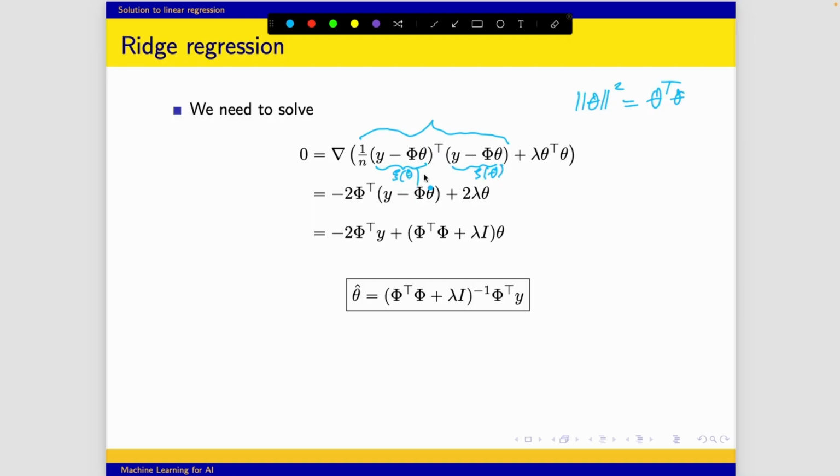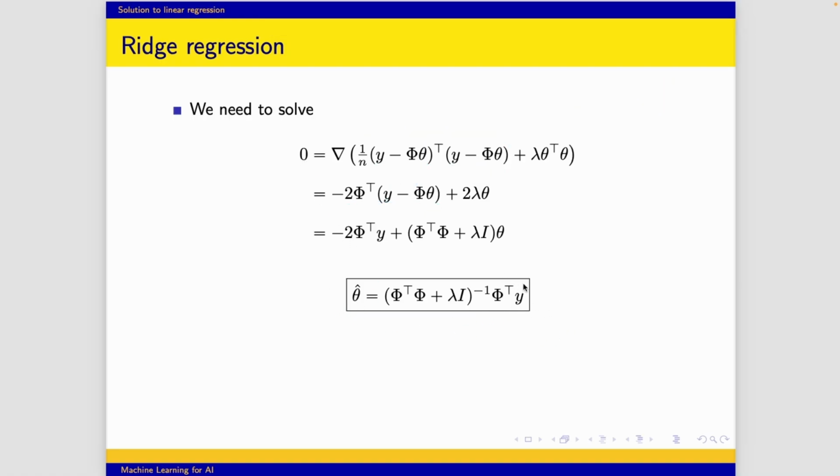We take the gradient with respect to psi, and then we use the chain rule: we take the gradient of psi with respect to theta. We end up with this quantity here, plus the gradient of this, which is just 2 times lambda theta. And this has to be 0 at the minimum. If we rearrange this, we get this lovely looking closed form solution.